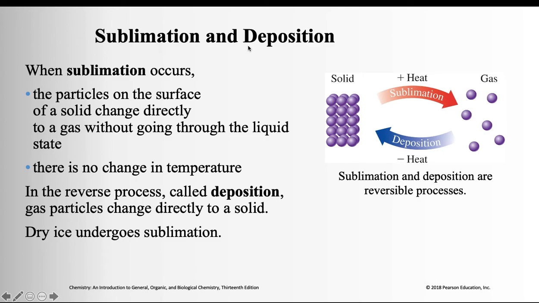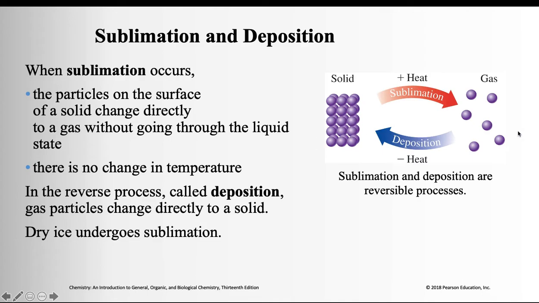Sublimation and deposition are two of the phase changes that we don't talk about as much, or aren't as familiar with. These happen when matter goes directly from a solid to a gas, or from a gas to a solid. Sublimation is the process in which a solid goes directly to a gas, and once again, this is a process that requires heat.